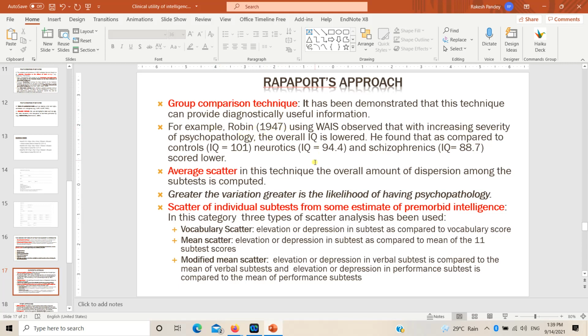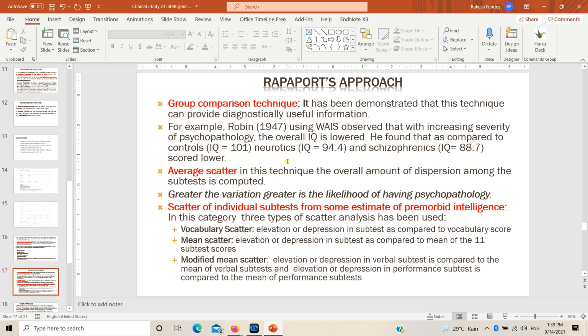For example, in a classical study, Rabin used WAIS, that time WAIS-4 was not there. So don't ask why he did not use WAIS-4. Rabin observed that with increase in severity of psychopathology, the overall IQ was lowered compared to the control group. He found that compared to controls, the IQ is 101, an average IQ.